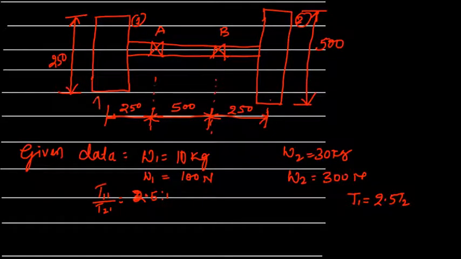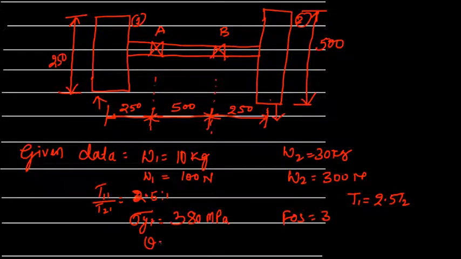Power is transmitted to pulley 1 and power is received by pulley 2. Next, sigma yt is given. For ATC8 steel it is 380 megapascal, and the factor of safety they have given is 3.